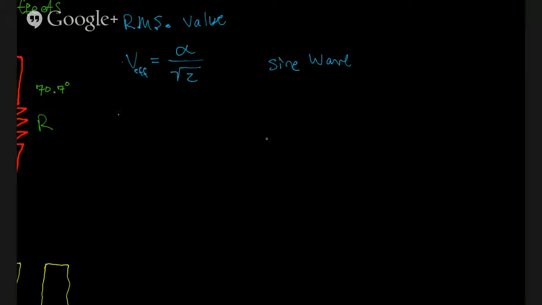But the general definition, as we apply to either voltage or current, is that the effective current is essentially the square root of the average of the sums of the squares of the instantaneous current. What does that mean? That's a lot of words. We'll look at it in a second.